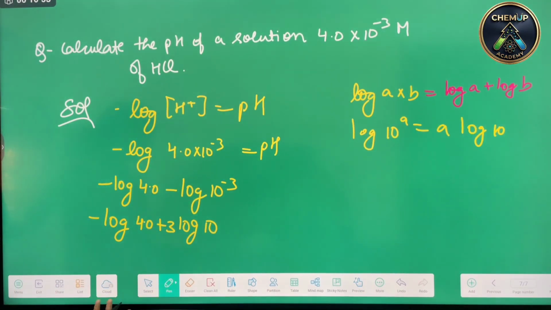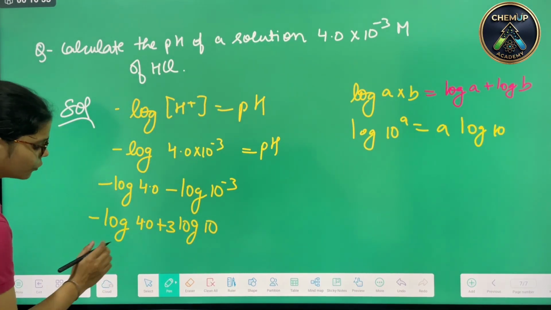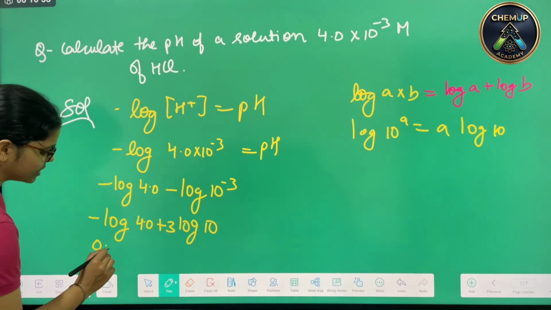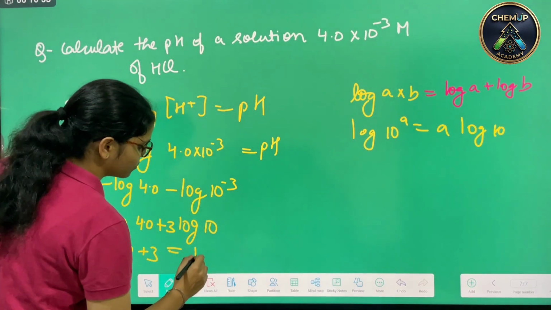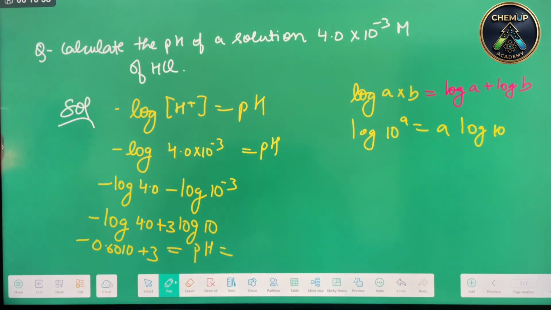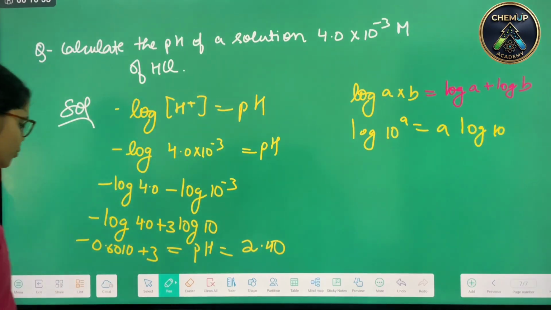Log 10 we all know is 1. So it becomes -log 4, which gives 0.6010, plus 3, and hence we can calculate the pH. On subtracting this 0.6010 from 3, we will get 2.40 as an answer in positive terms.